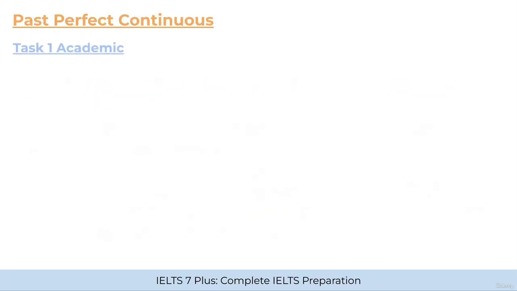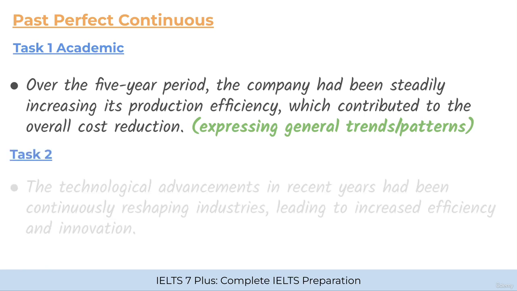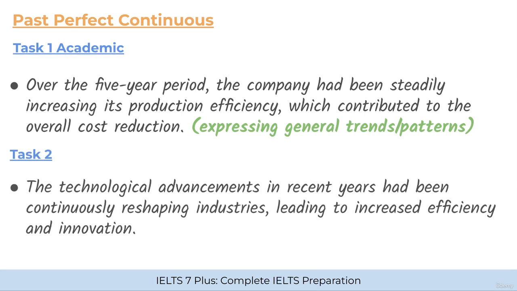Okay, let's think about task 1 academic. Over the 5-year period, the company had been steadily increasing its production efficiency, which contributed to the overall cost reduction. Task 2. The technological advancements in recent years had been continuously reshaping industries, leading to increased efficiency and innovation.